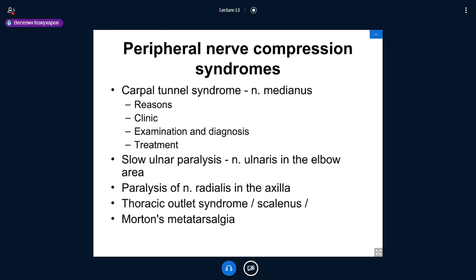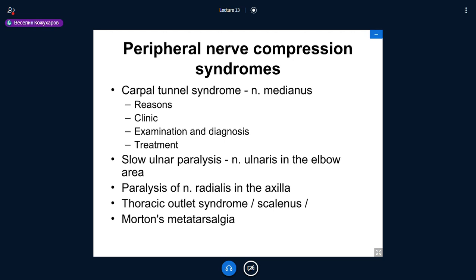The grip strength suffers, and usually the patient explains that they experience night pain, a feeling of burning or some other improper sensation in the region of the median nerve.